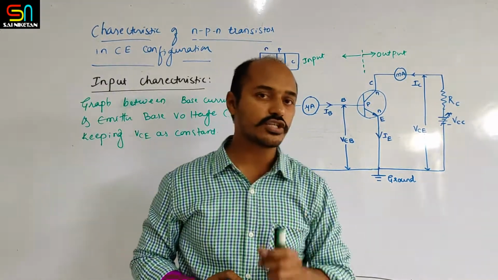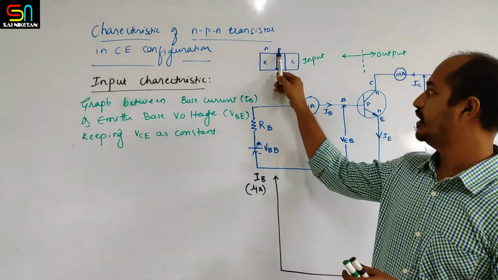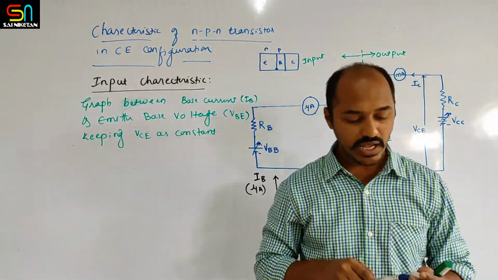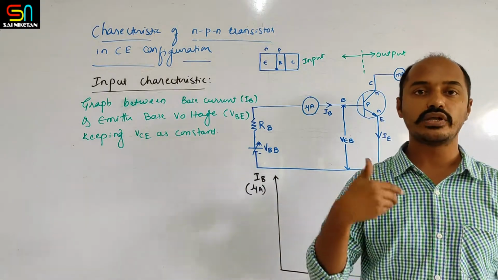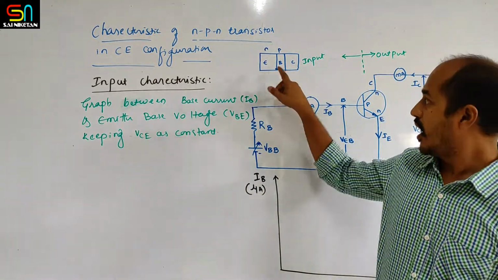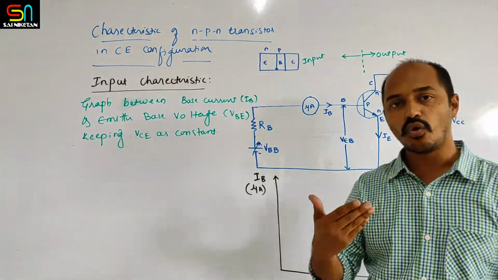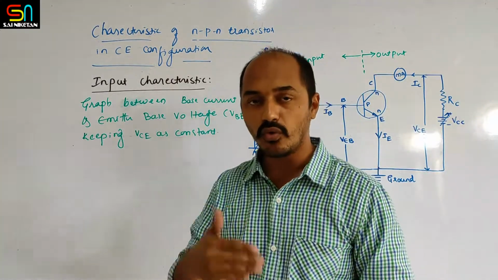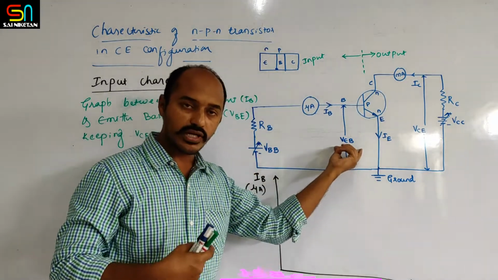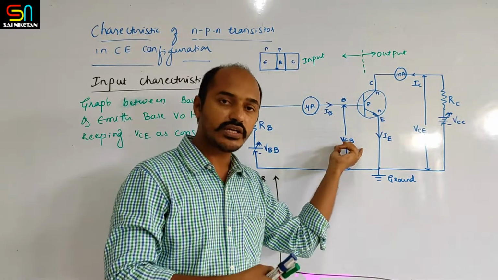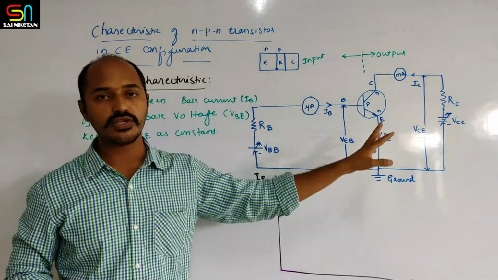Where two different kinds of semiconductors, P and N type, join together, there is a potential barrier, or voltage barrier. As long as this voltage barrier is there, if you go on increasing the input voltage up to a certain voltage, there will be no current flowing across the input circuit.